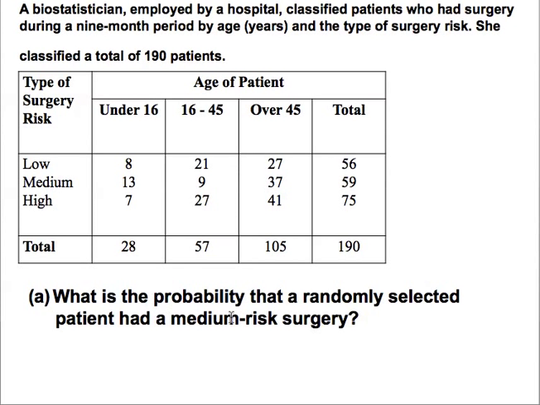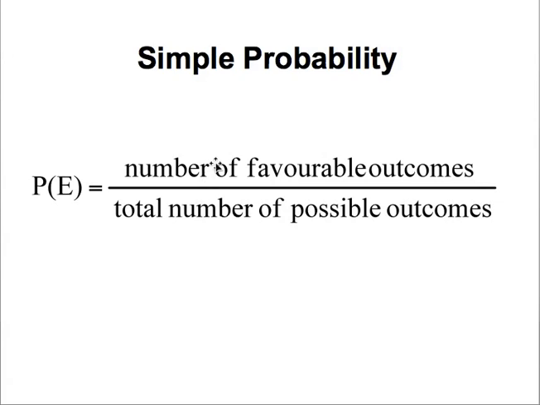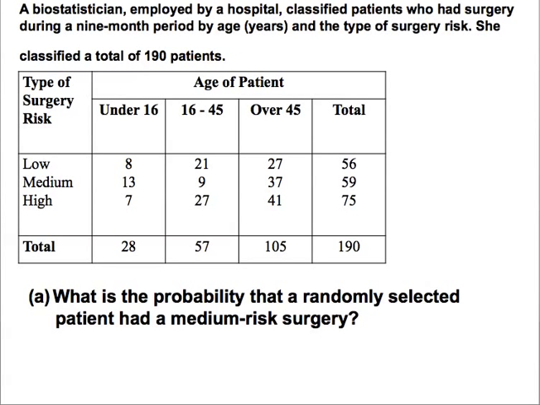Now, what is the probability that a randomly selected patient had a medium risk surgery? On the previous slide, we said probability is the number of favorable outcomes over the total number of possible outcomes. So we're looking for medium risk surgery. How many medium risk surgeries were performed?